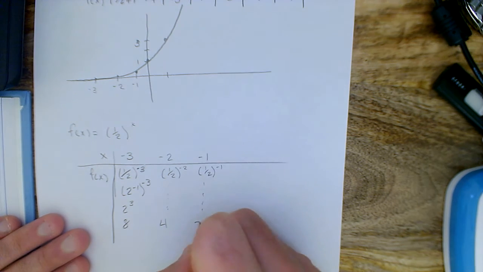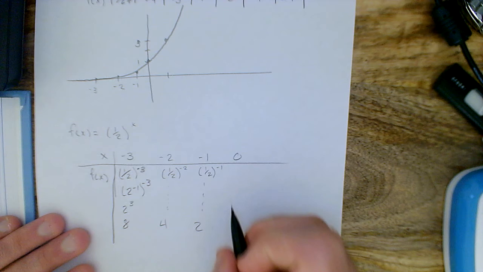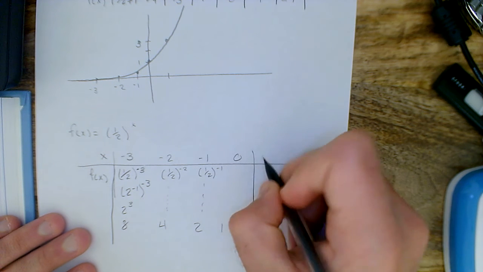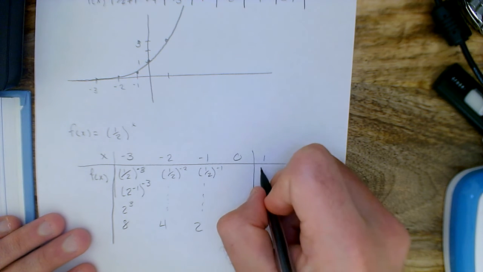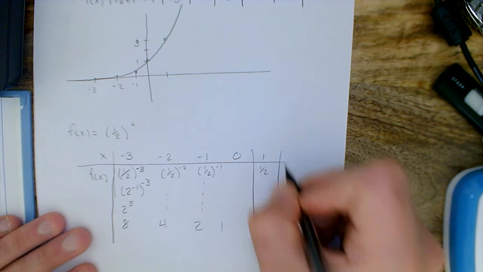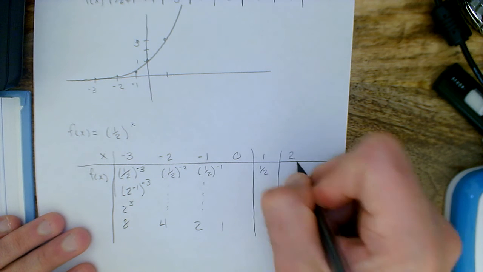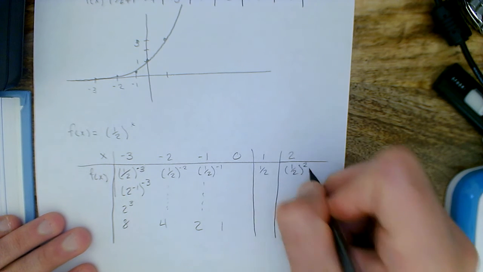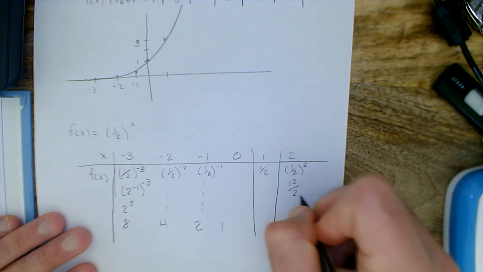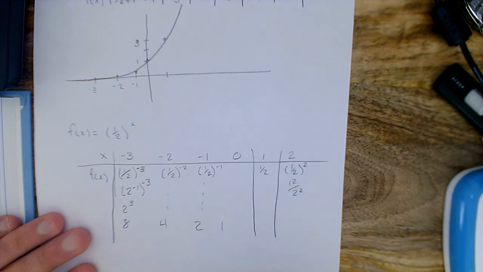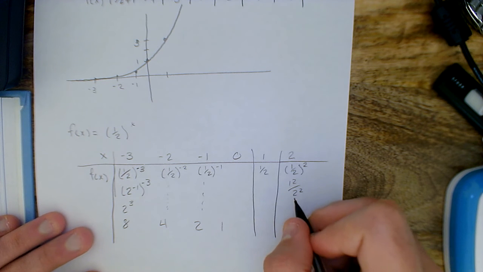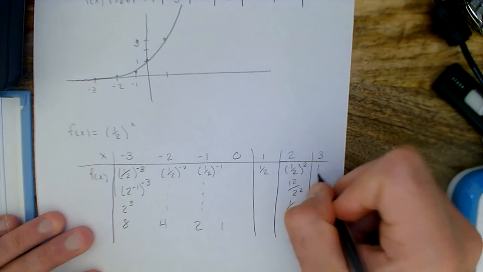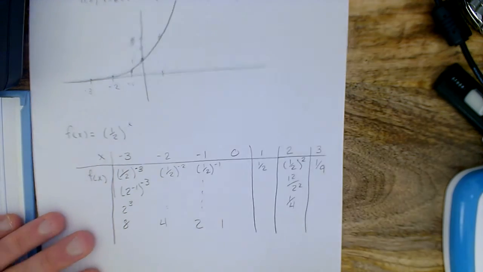Well, that's just going to be 2. 0 is 1. 1/2 to the first power is just 1/2. 1/2 squared is 1 squared over 2 squared. Another exponential rule there, which is just 1 squared is 1, so it's 1/4. So this one's going to be 1/8.